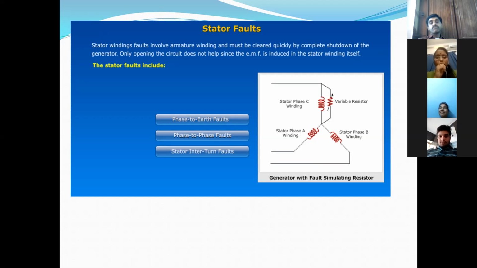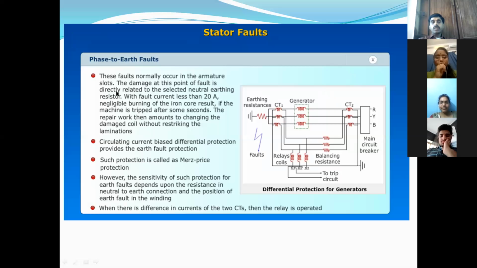These faults, how to address them majorly. And here you can see the three-phase stator winding with variable resistor across this. Let us see one by one. So coming to the first point, phase to earth faults. Here you can see a differential protection scheme with the generator winding, and this neutral is connected to earth.